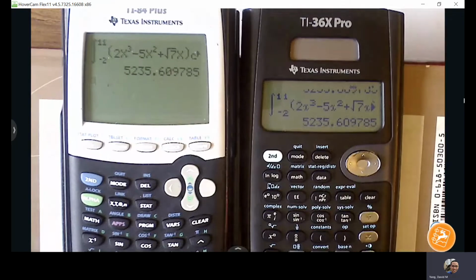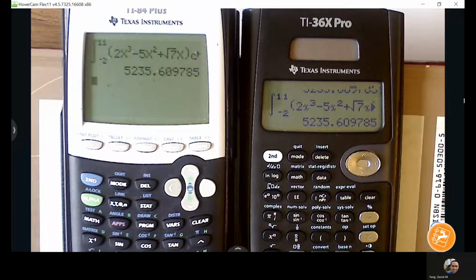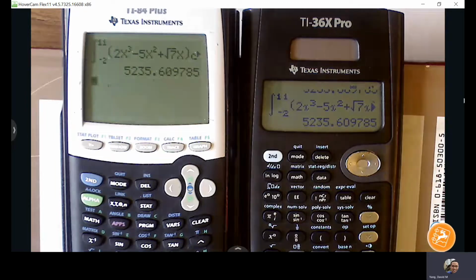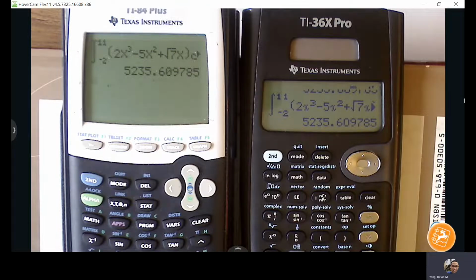Can you restart real quick? Yeah, I'll come around. I'll help you. Is there a way to keep it right here, like for this test? Yes, practice, and then just make sure that the x is outside the square root. What kind of calculator you got?